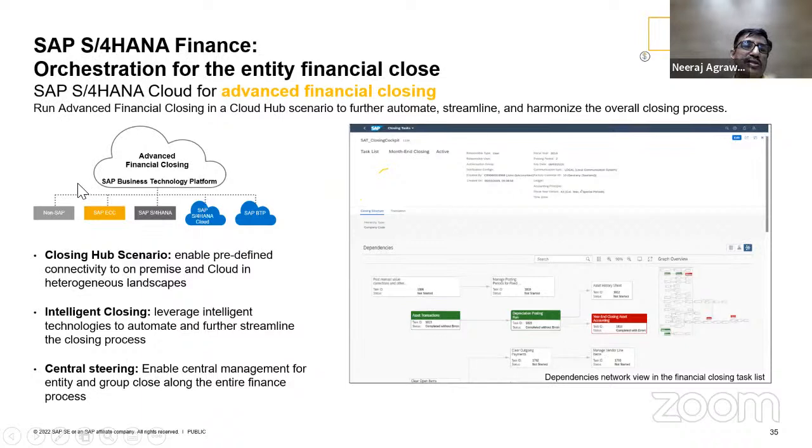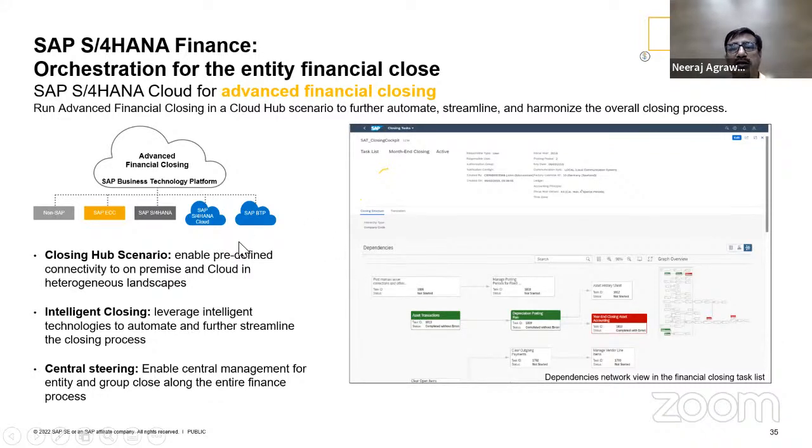So how do all of these multiple systems work together? With the BTP platform, you can have the advanced financial closing on the cloud, connect everything to it, and trigger your closing tasks from one single place into the multiple systems in a timely manner. And you will know in each of the systems how things are working.